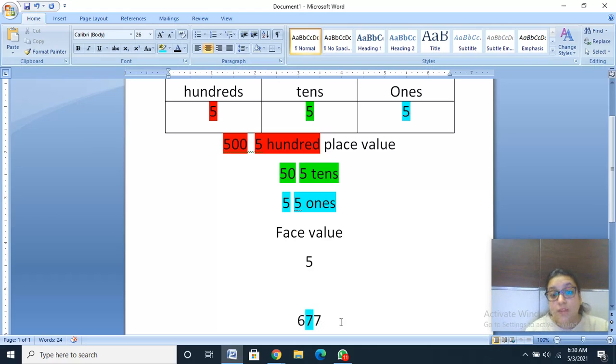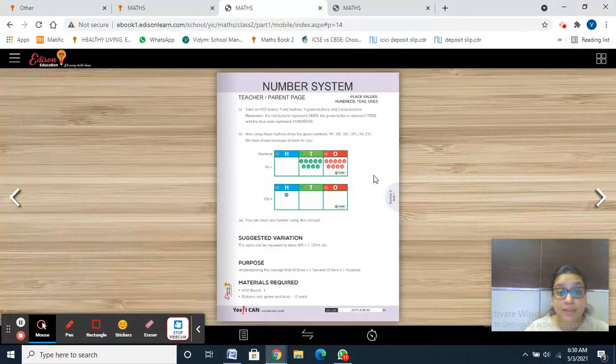So the place value of this 7 is 70, or you can say 7 tens. Okay? So in this way, we are going to find out each and every place value.